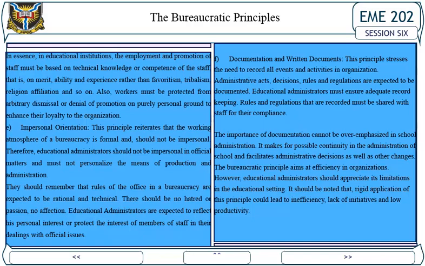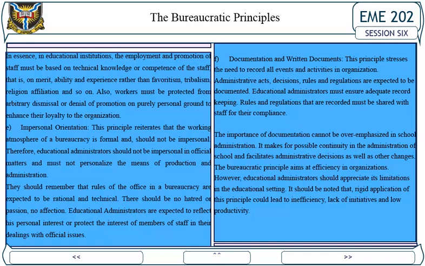The existence of rules and regulations in an organization guarantees uniformity and continuity of operations. In educational settings like schools, there are rules and regulations that guide the conduct of teaching staff, non-teaching staff, and students.